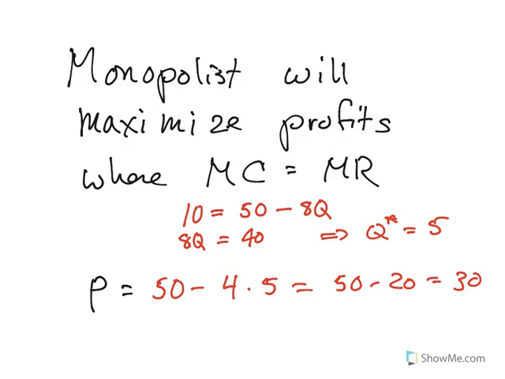So the price, which is equal to 30, is greater than the marginal revenue, which is equal to the marginal cost. So one of the aspects of a monopolist is that it will be able to charge a price that exceeds the extra cost it takes to make the product.